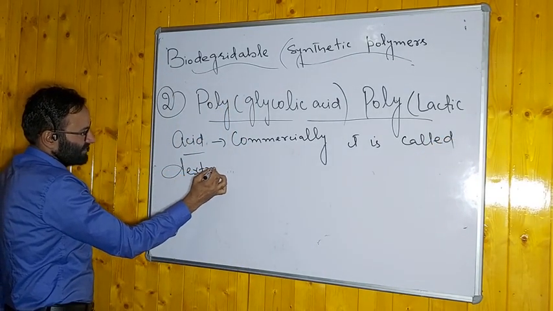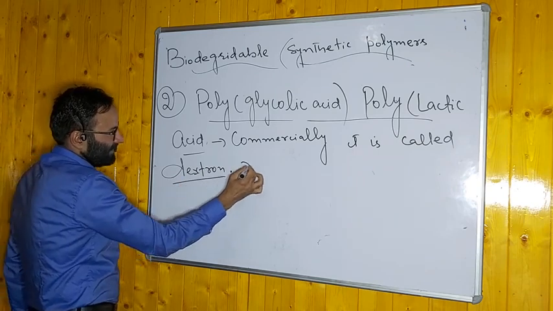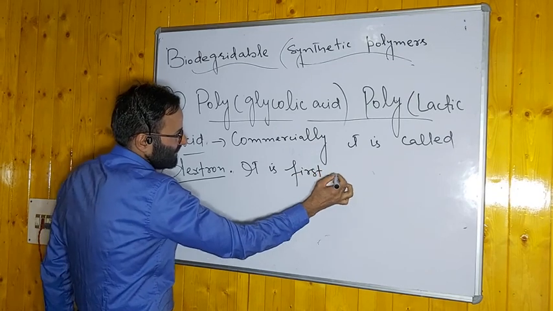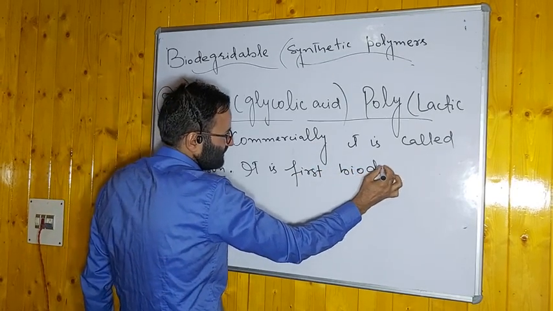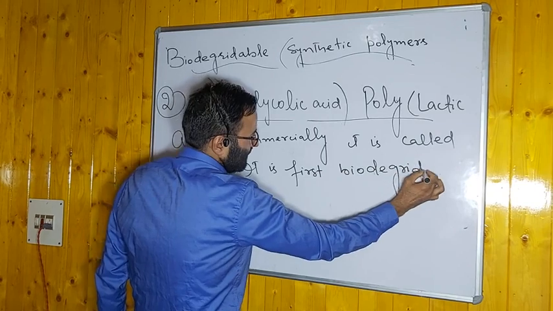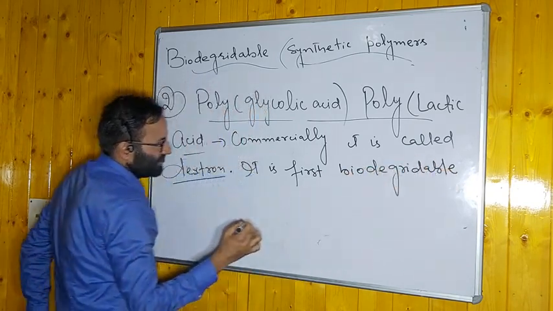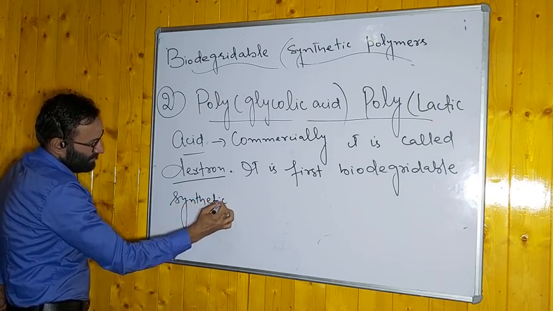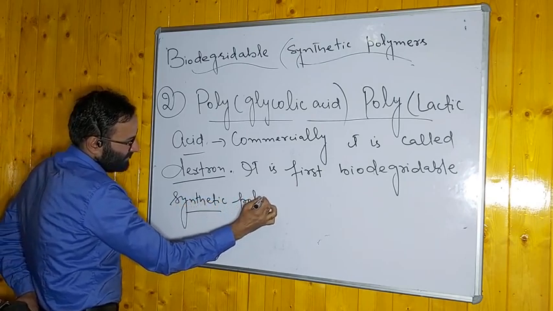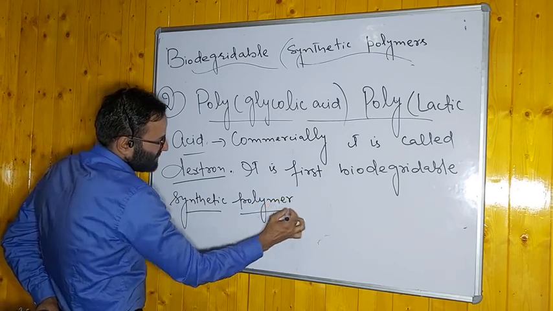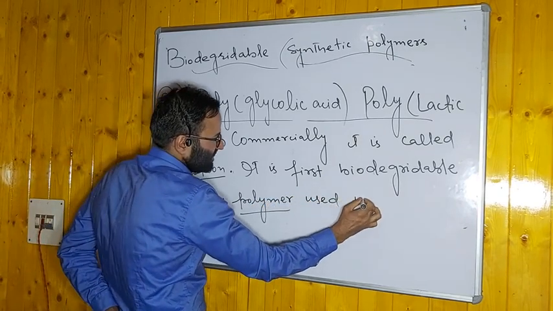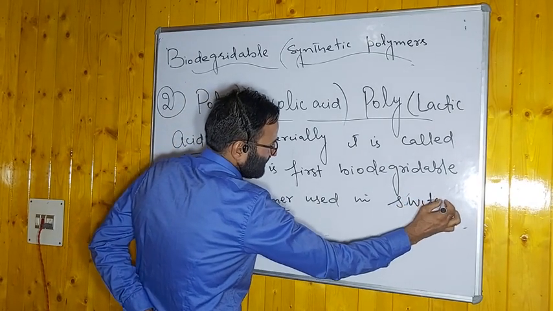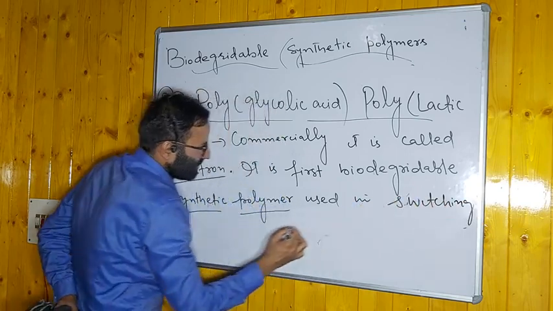It is called dextron. It is the first biodegradable synthetic polymer used in stitching wounds after operation.